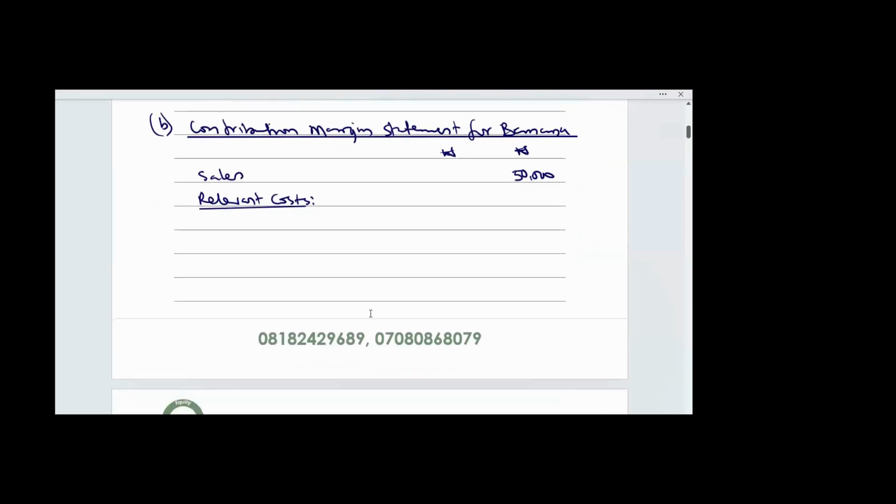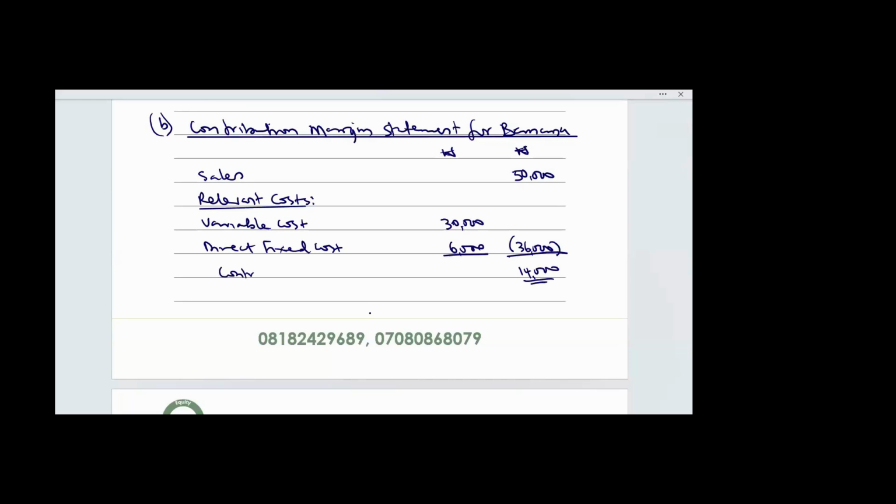Under the relevant cost, we are given variable cost of 30,000 naira. Yes, 30,000 naira. Variable cost, 30,000. We are given extra direct fixed cost of 6,000. 30,000 plus 6,000, that's 36,000. Therefore, contribution is 14,000.